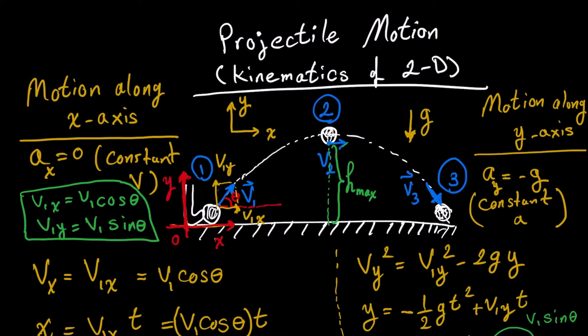So what happens is that the ball is kicked at this angle theta with some velocity v1, and the ball goes through a trajectory, and we are usually interested in these 3 points. What happens at the initial condition at v1, we're going to call that point 1. So we label the time points that we're going to be considering as we look at the different aspects of this problem.